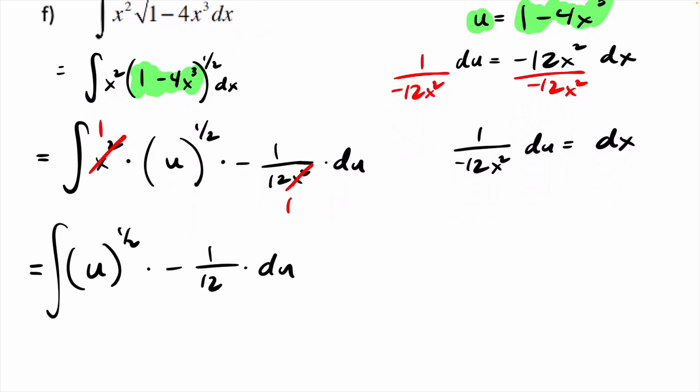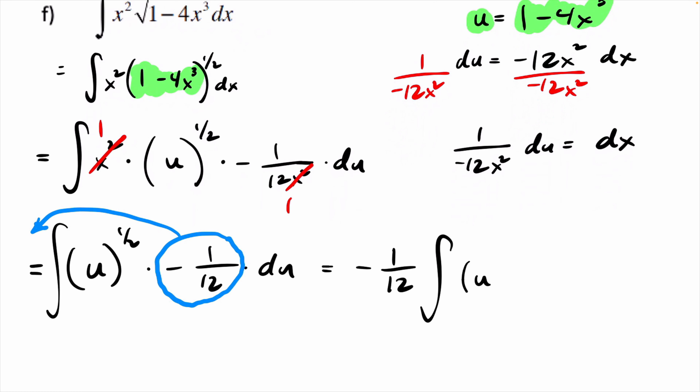All right, that's what I want. No x's involved, just u's. So remember, we use this guy. This guy doesn't have an x, so it's going to go to the front. So it's going to be negative 1/12 to the front, u to the 1/2 power du.